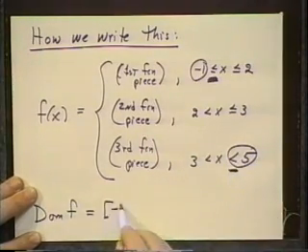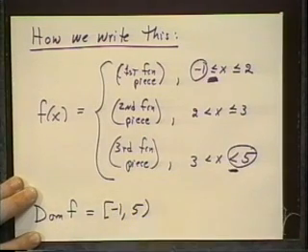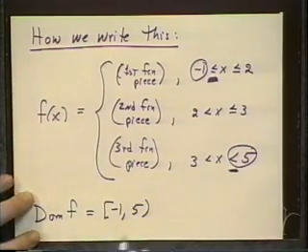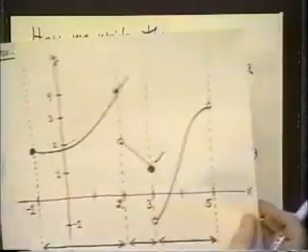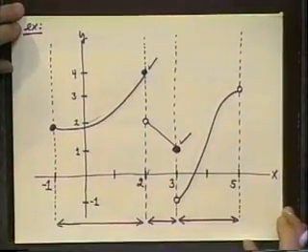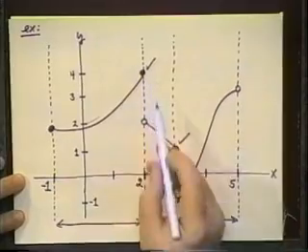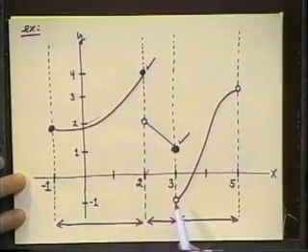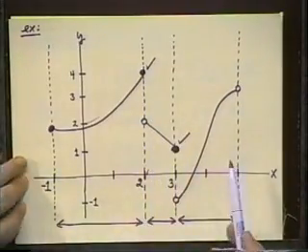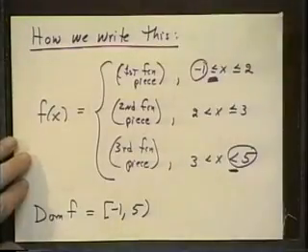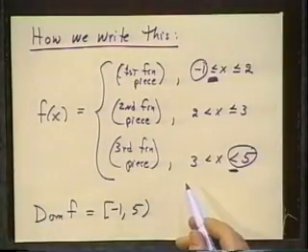So it's the closed interval from -1 to the open end 5. I can get all of that from simply looking at this first picture, even if I don't happen to know the formulas which describe each of these functions. But you can see that the function is in pieces, and functions in pieces are written up this way.